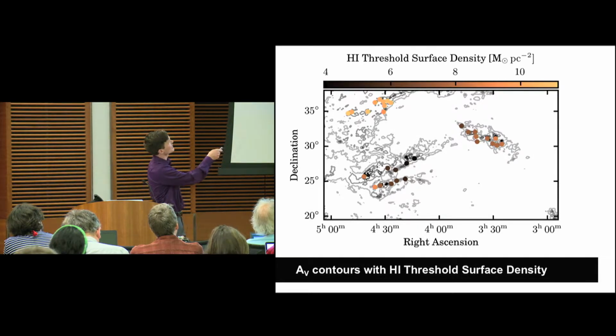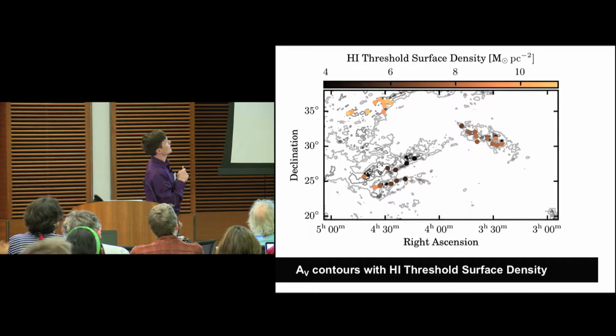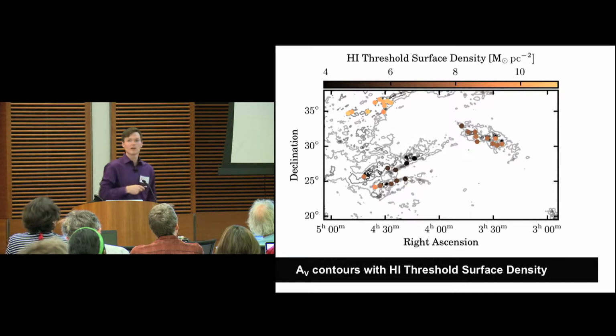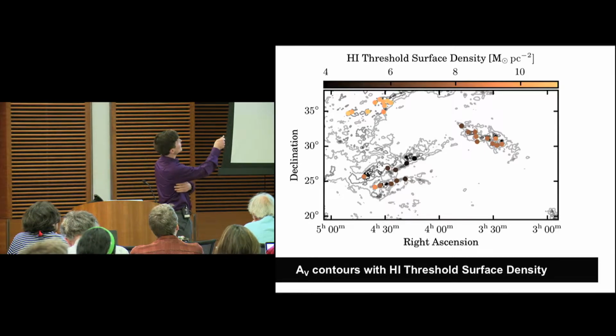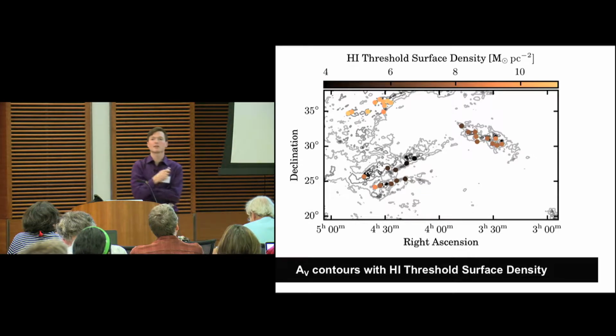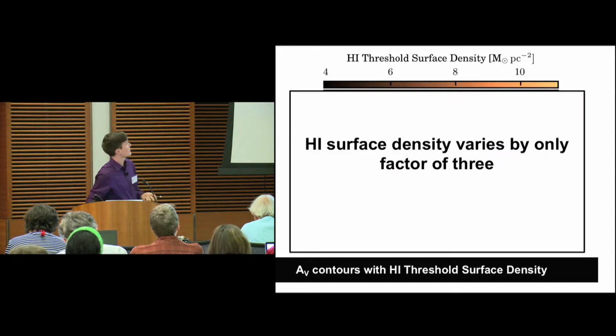This is a Planck AV contour map overlaid with the H1 surface density threshold identified in each core region. And we can see that there is a pretty narrow range of H1 surface density thresholds, all within the predicted range of thresholds from this steady state H2 formation model.